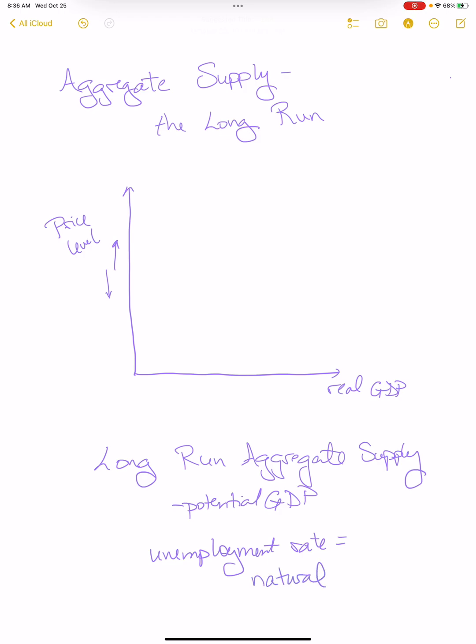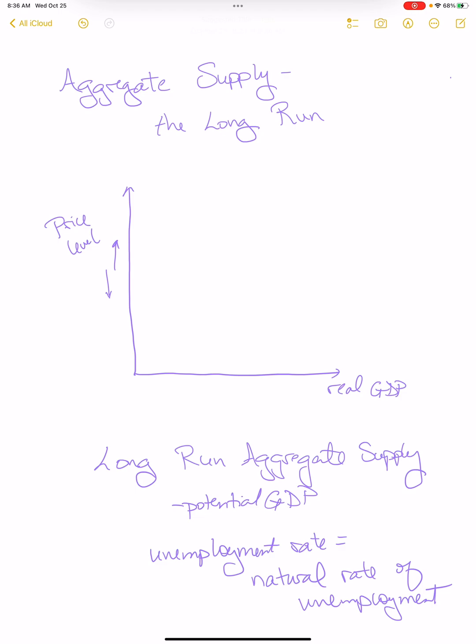We saw that again in Unit 1. For us in the United States right now, that's say 3.5%. So we can still be at our potential with an unemployment rate in the low to mid 3s.